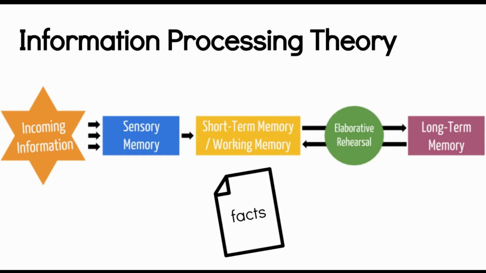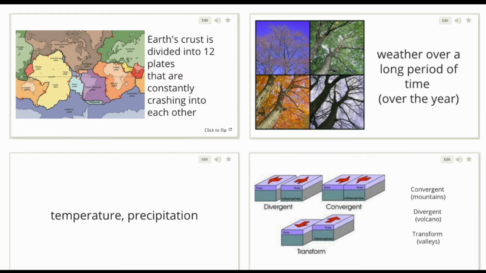However, just creating these flashcards is still just facts. We haven't really taken these facts and made them concepts in our brains. So in order to get these facts into our long-term memory, which is where our concepts are, there are some other things we could do. For example, with the Quizlet cards, once you create them, they're actually quite easy to print.